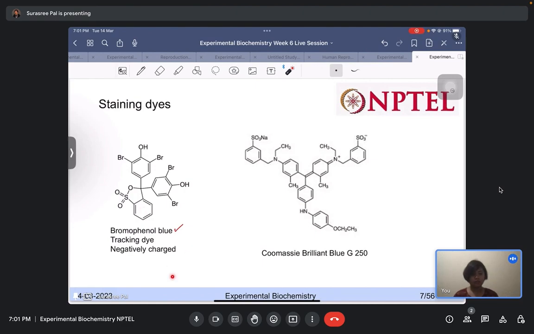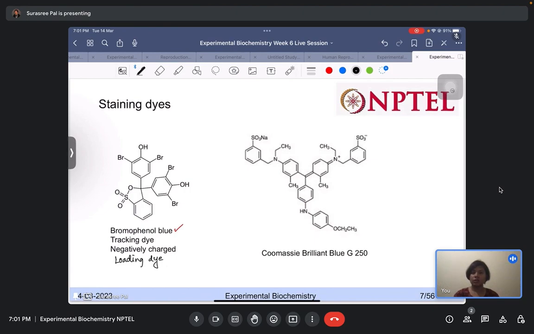Because of this, bromophenol blue is added in the loading dye. The loading dye contains SDS, beta-mercaptoethanol as well as bromophenol blue.